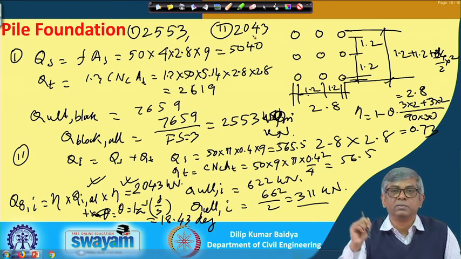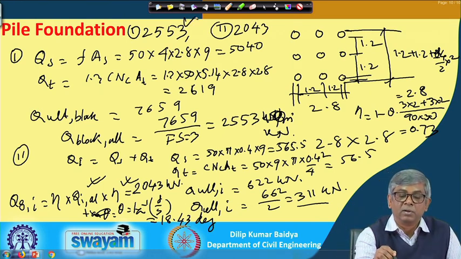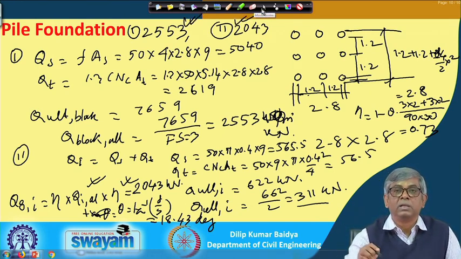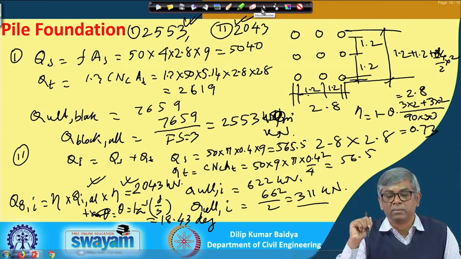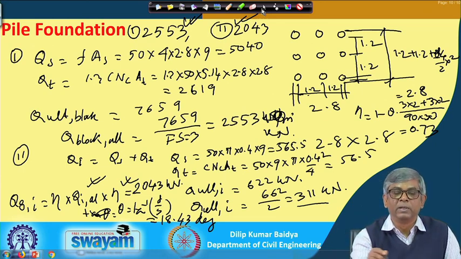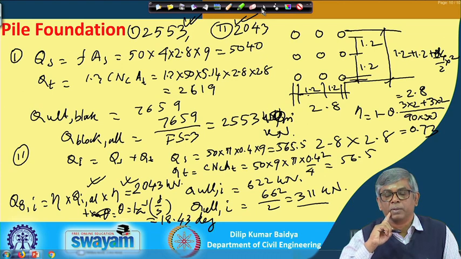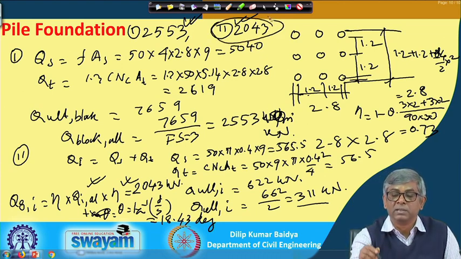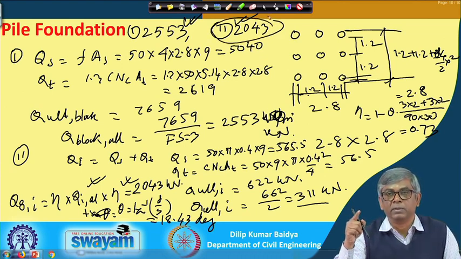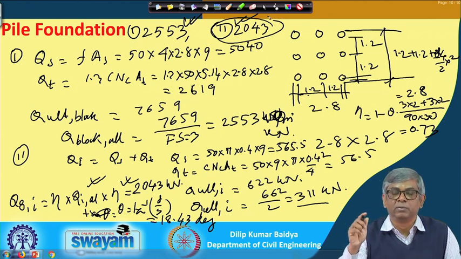So, these two values I have got: this is based on block failure, this is based on individual pile failure. Now, I have to recommend a value for the design. So, what value should I recommend? As I have mentioned, the minimum of these two. So, this is the minimum, that means based on individual pile failure, whatever capacity I get could be the recommended value.